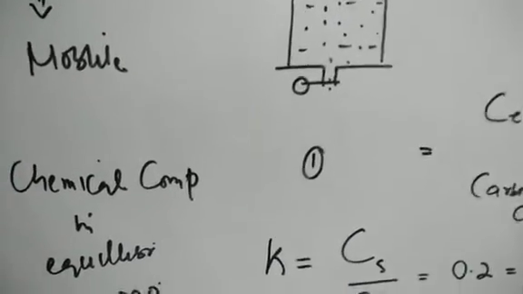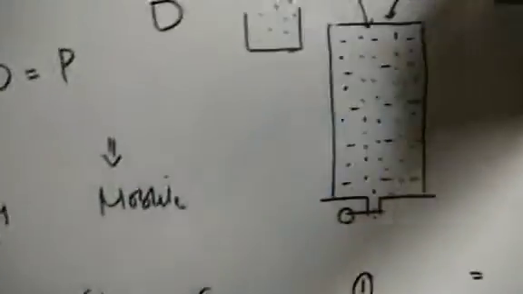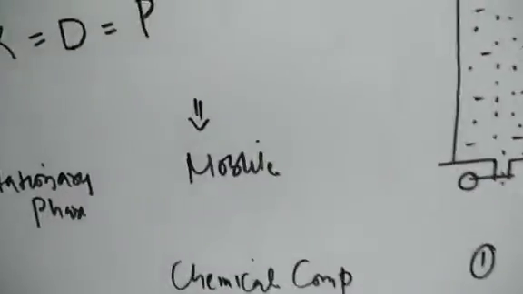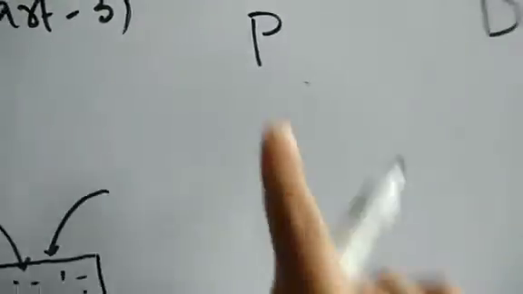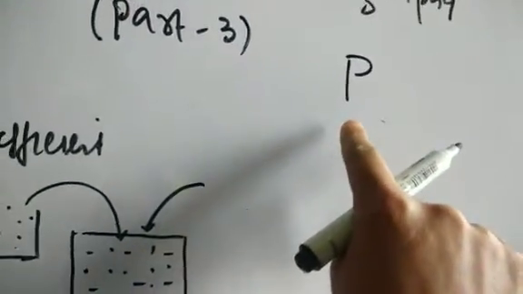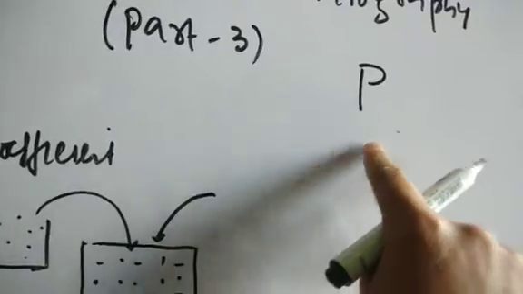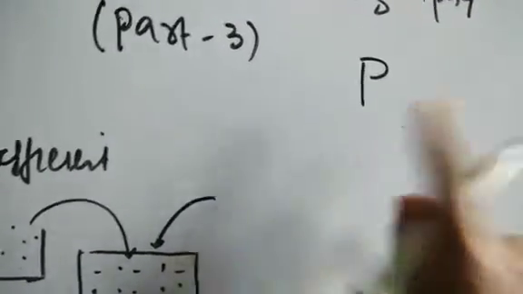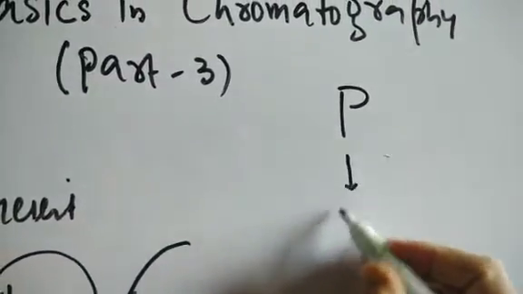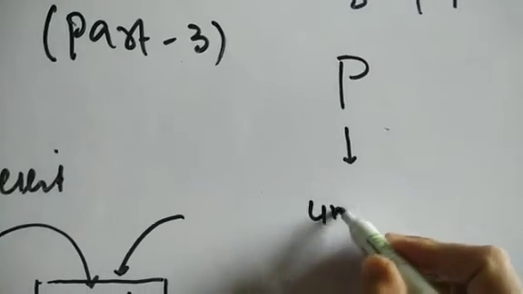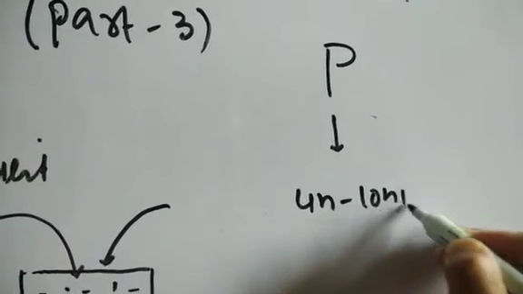Now after that, we have a term on the basis of which there is a generalized definition of partition coefficient and distribution coefficient. Now if you see, this is partition coefficient, this is distribution. We express partition coefficient when we are talking about unionized species.